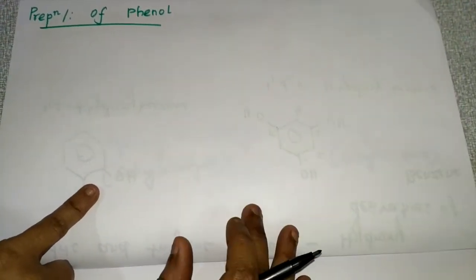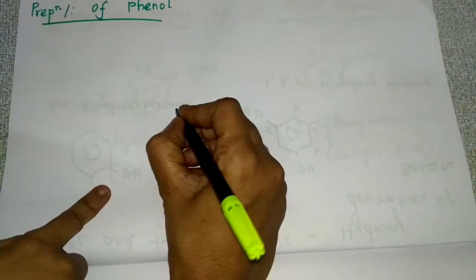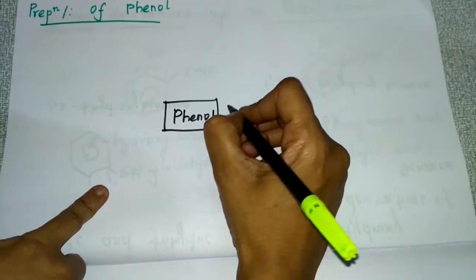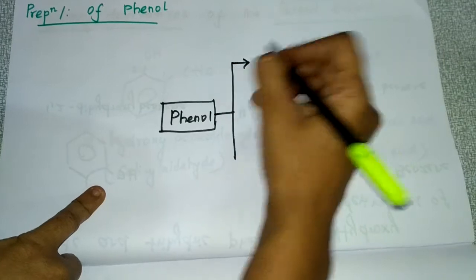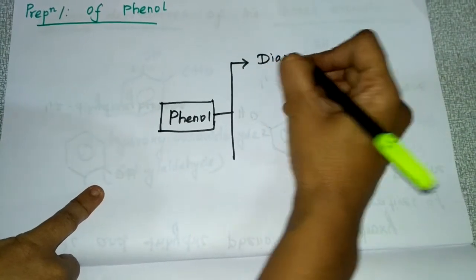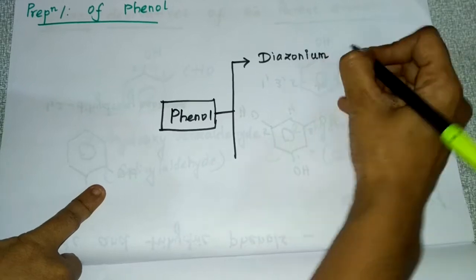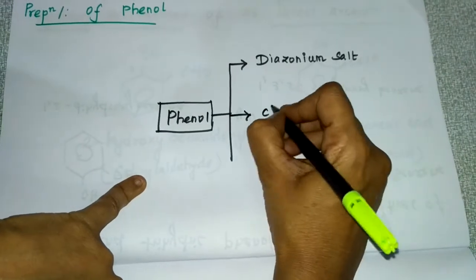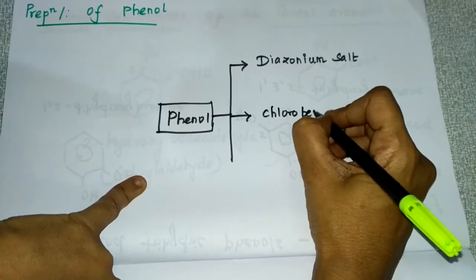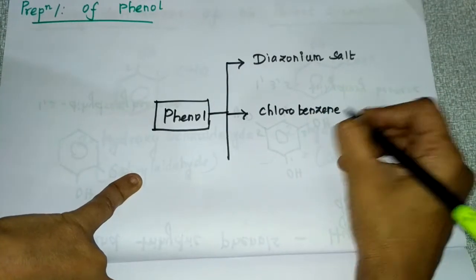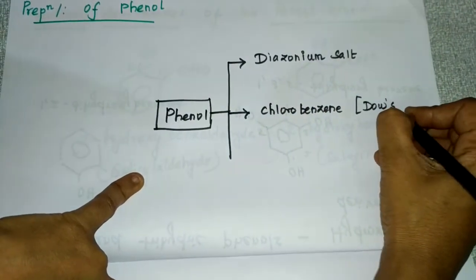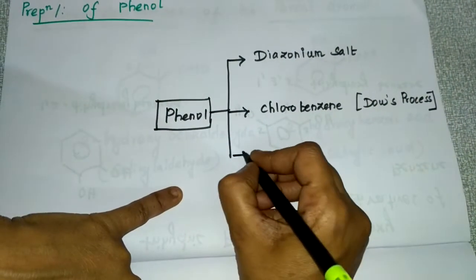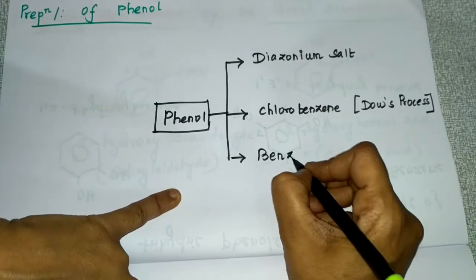In this video, we are going to discuss the preparation of phenol. Phenol is prepared from diazonium salt, from chlorobenzene, that is the Dow's process, and from benzene sulfonic acid.